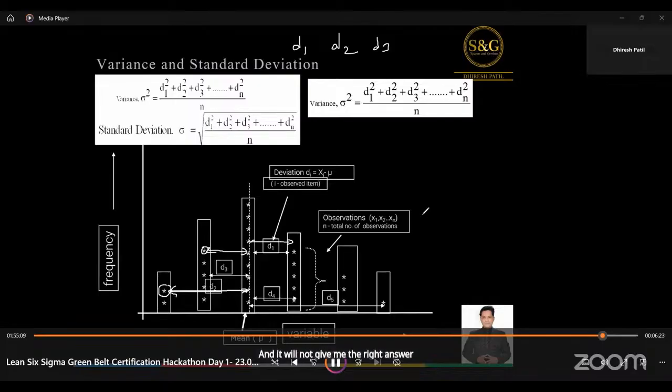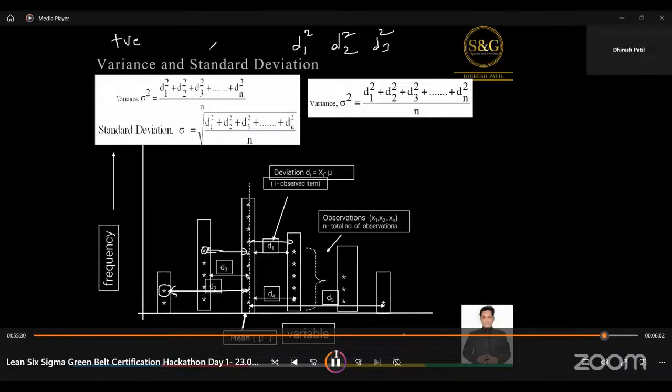To avoid that trap, statisticians take the square of the value. Instead of the actual value, they square it. Why? Because a squared value is always positive.